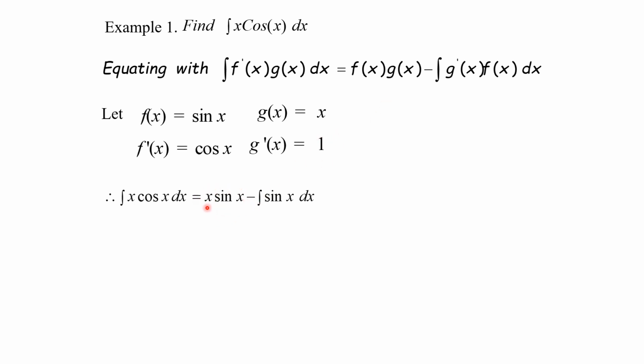So this is x times sin x, minus the integration of g'(x), which is 1, and substitute f(x), which is sin x, accordingly. Don't forget to write dx with respect to x. Next, we need to solve this in order to arrive at the final answer.